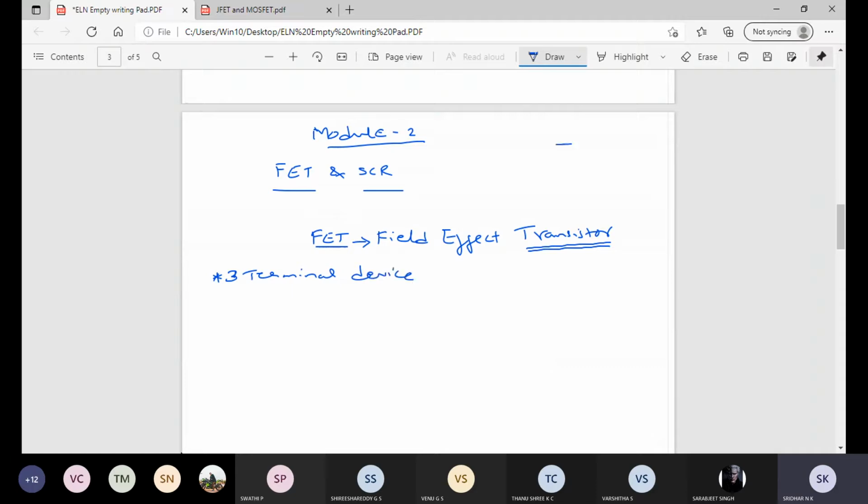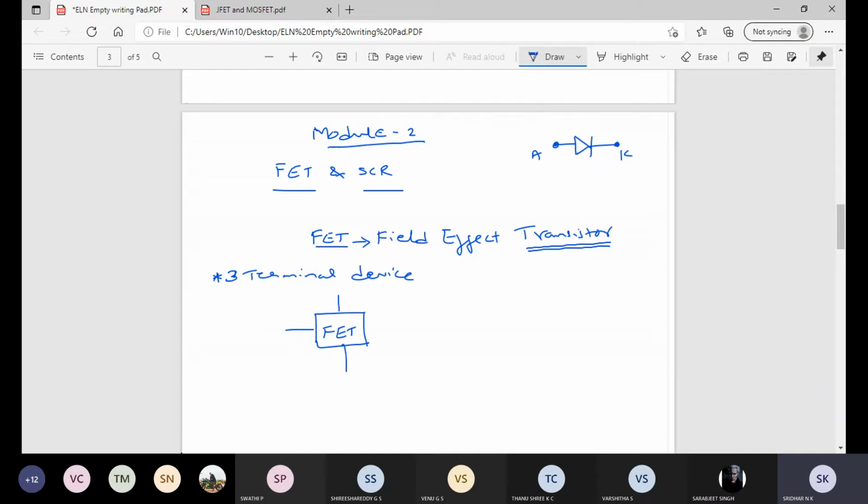If you see the diode structure, you have anode and cathode. It is a 2-terminal device, means you have 2 terminals. In the same way, FET has 3 terminals.